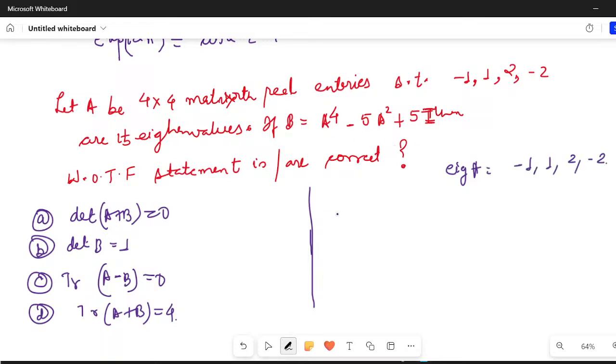So I can say that the eigenvalue of B can be written as lambda to the power 4 minus 5 lambda square plus 5, right?